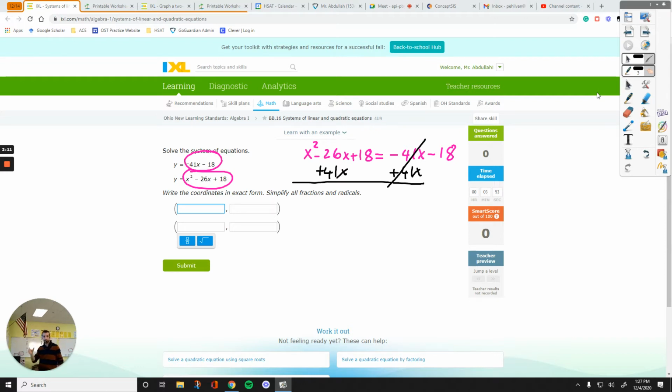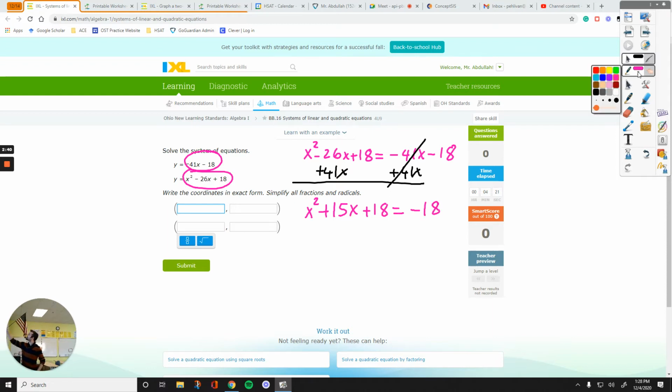Right here, I'm going to convert it into a quadratic. I'm going to look for the value of x's and then I will plug them in to find the value of y's. Then I drop down everything else. X squared goes down, combine negative 26 plus 41. That's positive 15x plus 18, drop the equal and the right side.